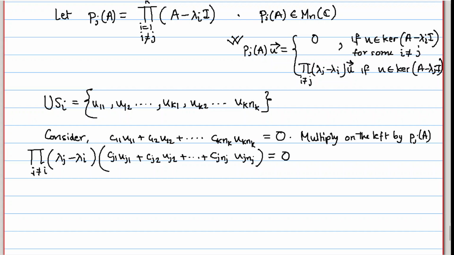But all of the eigenvalues are distinct, so this product can never be 0. What does that mean? That means that c_j1 u_j1 plus and so on up to c_j n_j u_j n_j is equal to 0.